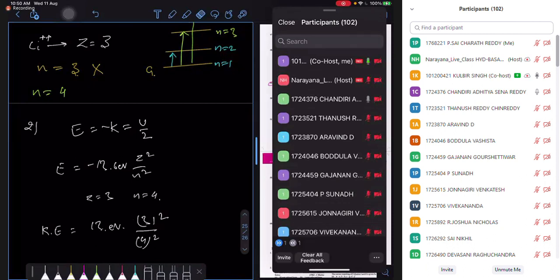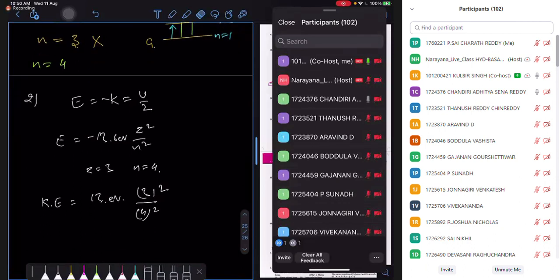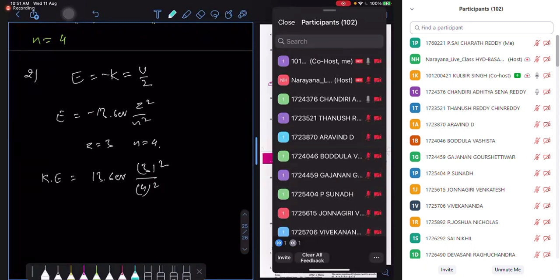That is my kinetic energy in terms of electron volt. But if they ask the energy in terms of SI units, you can convert electron volt by multiplying by 1.6 times 10 to the power minus 19. Then it turns out to be the energy in joules. So that's the kinetic energy in joules, right?